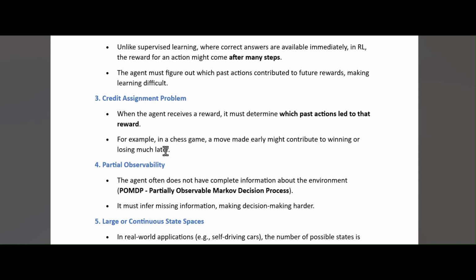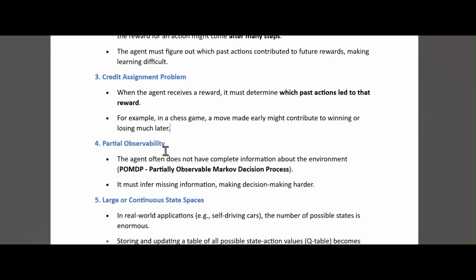So if you made a move at the very start, at the end of the game, because of that one move, you may win or you may lose. So that might be a problem. The agent needs to assign a credit for each action in that sequence. Whichever action you choose, it should assign a credit. So this might be a big problem for the agents.